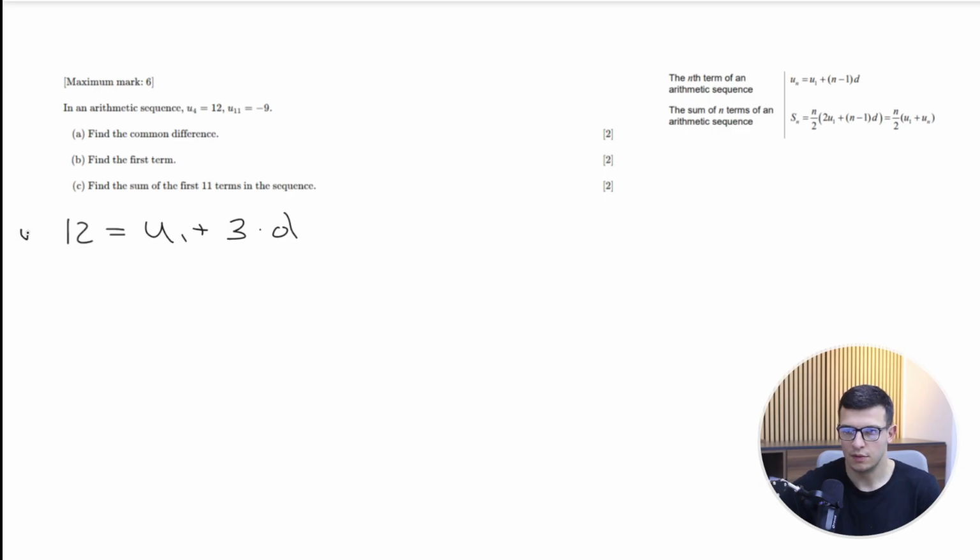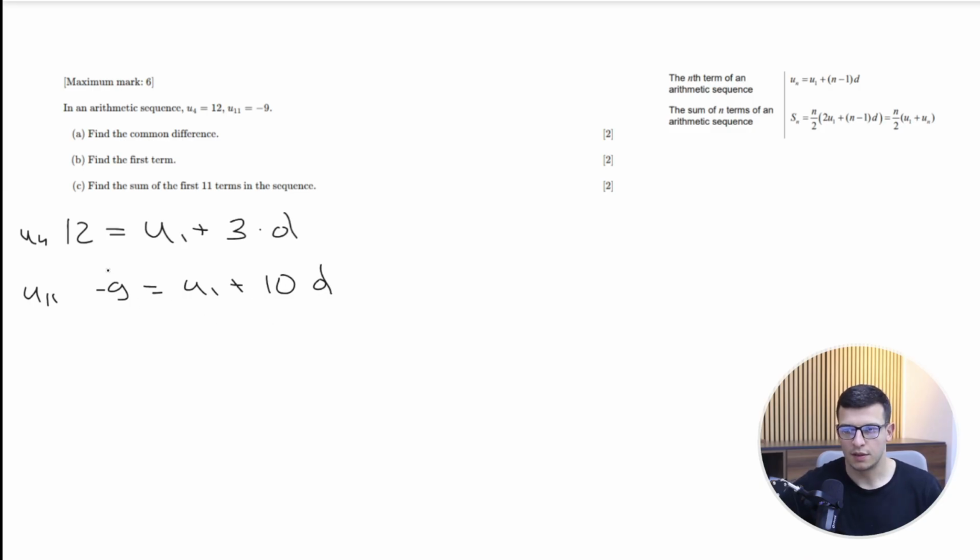U11 is -9, that's going to be equal to U1 plus 11 minus 1, which is 10d. So hopefully you can see that now we end up with a simultaneous equation. There are 2 variables and 2 equations, so we can do the elimination method.